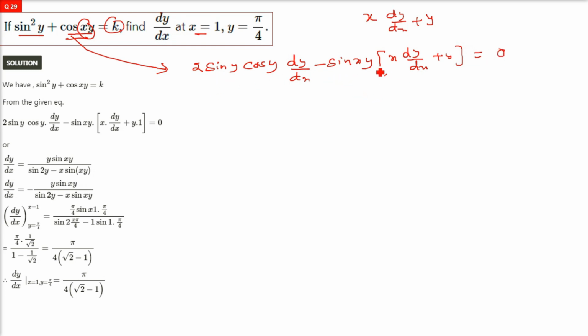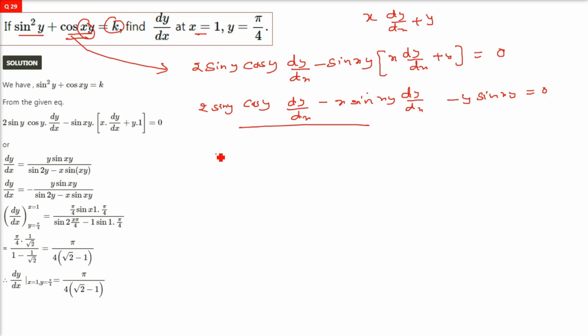Now let us combine the dy by dx terms together. So you have 2 sin y cos y dy by dx minus x sin xy dy by dx, and then minus y sin xy. This is going to be equal to 0. Now combine this dy by dx and find the term 2 sin y cos y. This is 2 sin theta cos theta, so you can directly write it as sin 2 theta.